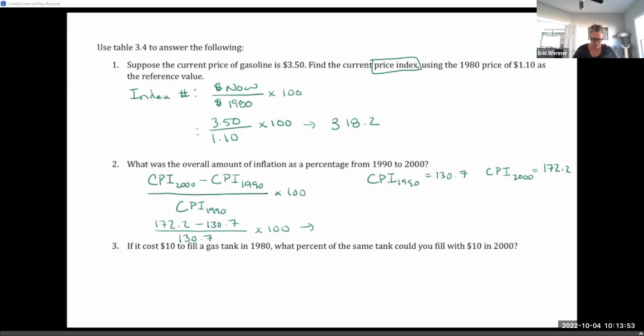Okay, so if we plug our values in the numerator, we're going to have 172.2 minus 130.7, which gives us 41.5 over 130.7. So we're going to take 41.5 and divide it by 130.7. And then multiply by 100, which gives us 31.75%.